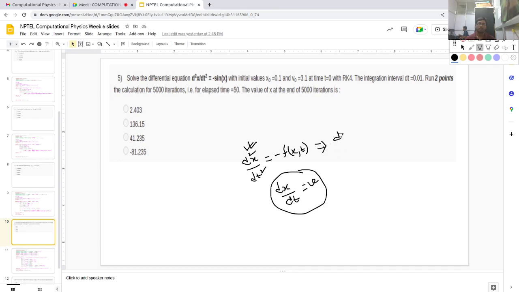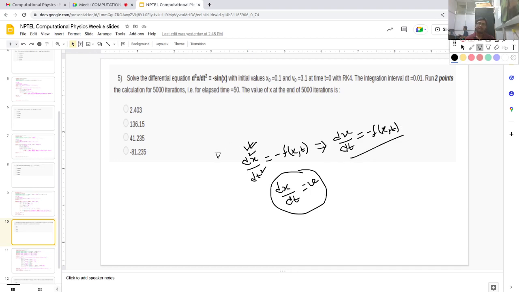I am going to get dv/dt equals minus f(x, t), right? So this also reduces to a first order equation.